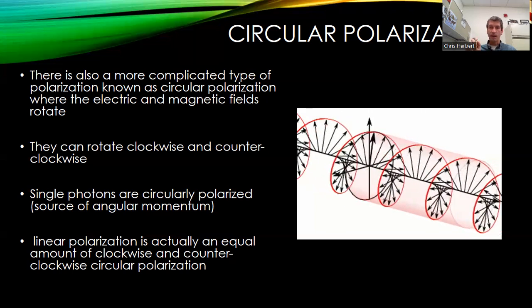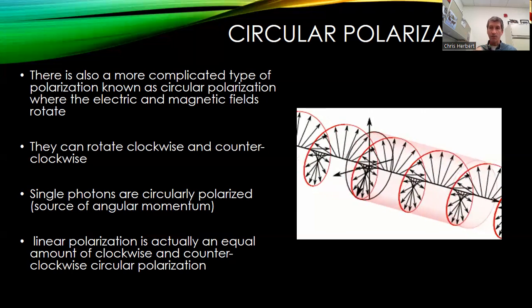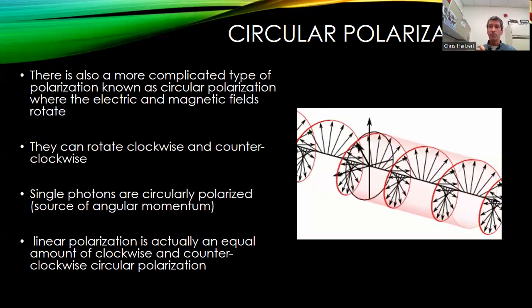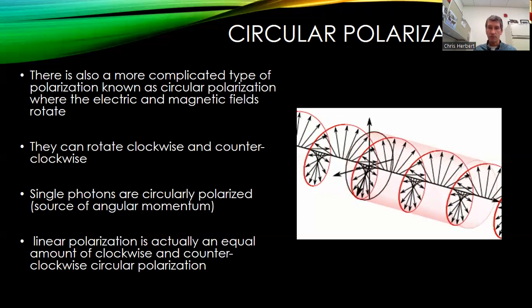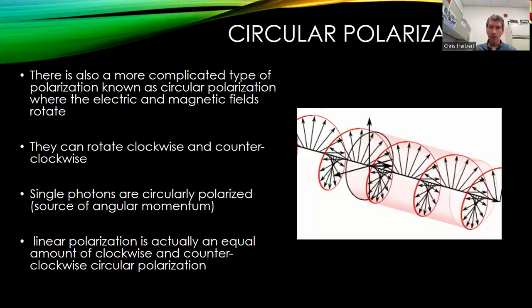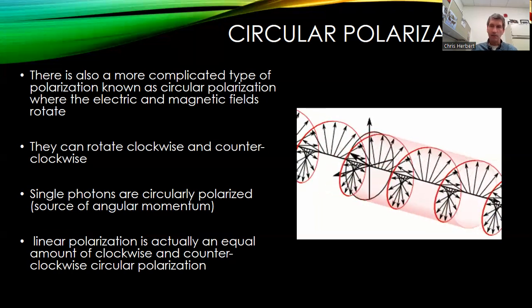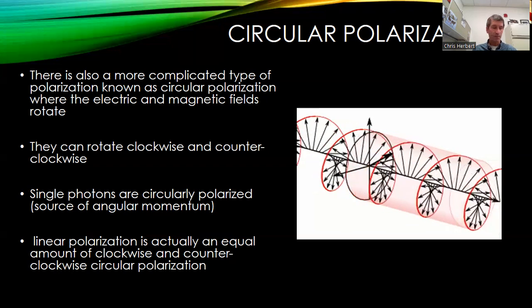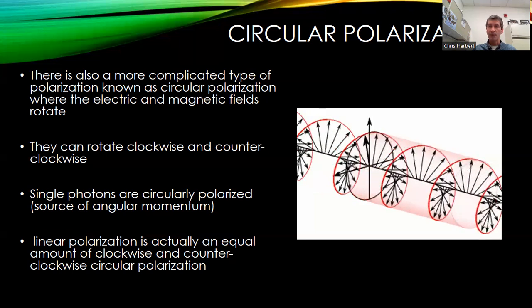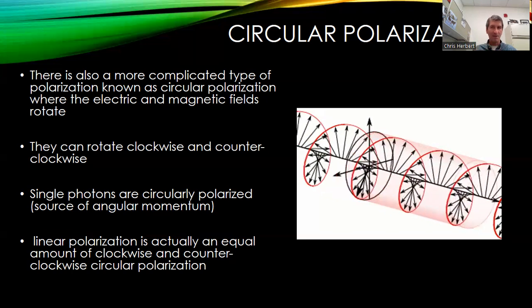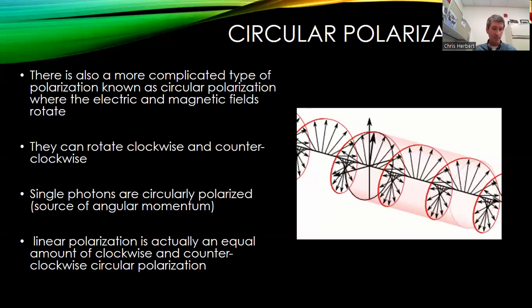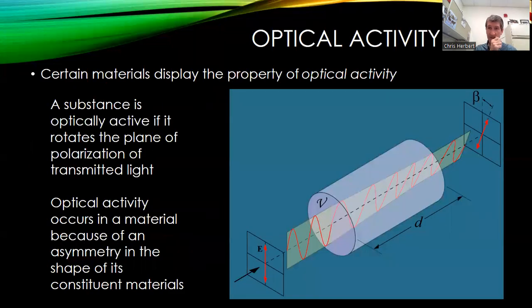If we have two photons, one rotating clockwise and one rotating counterclockwise, the superposition of the two will produce linear polarization. Okay? So linear polarization is the easiest type of polarization to produce. It's the easiest type to explain, but we need to recognize that there is this form of circular polarization where the electric field rotates with respect to time.